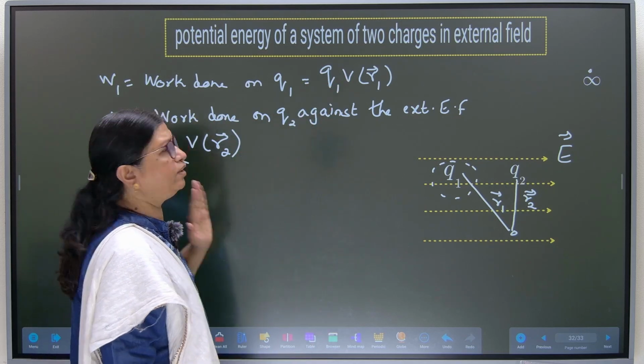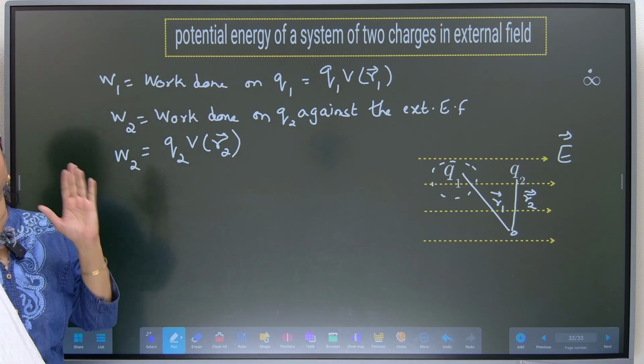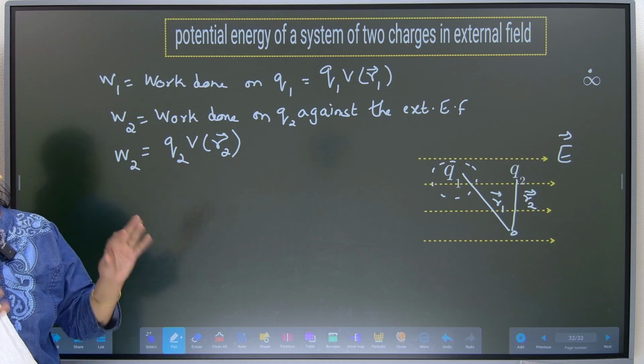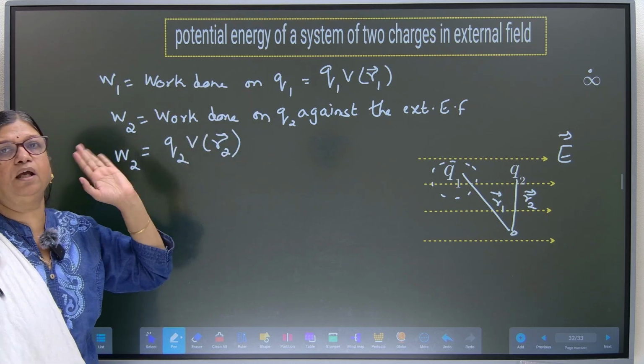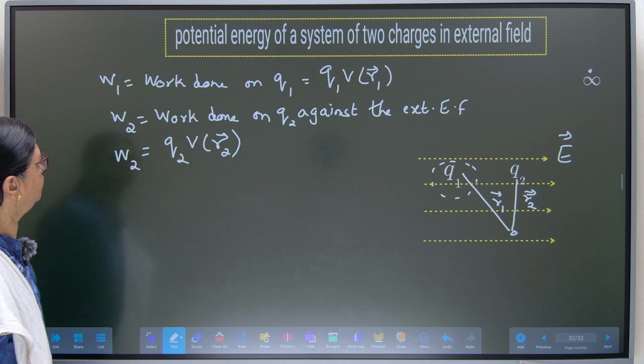So V(R1) and V(R2) are the potential due to the external electric field at the position vectors R1 and R2. Okay, fine.